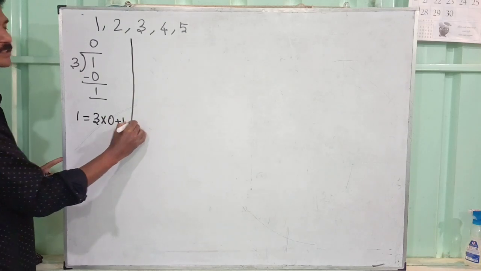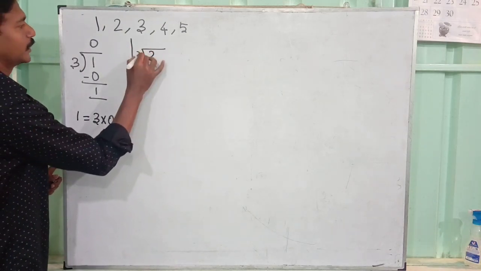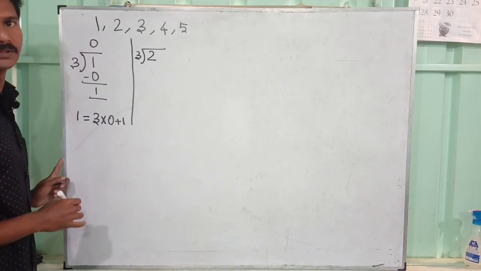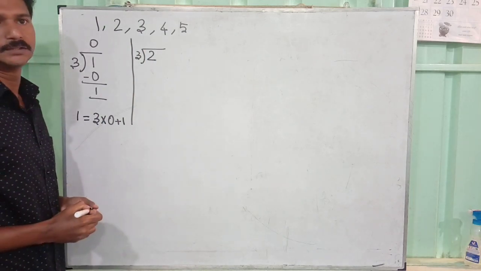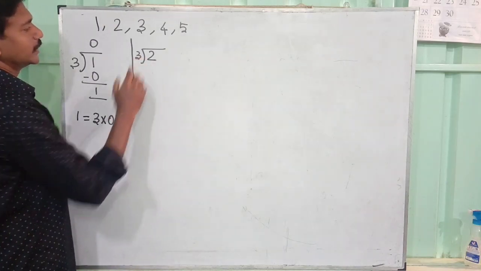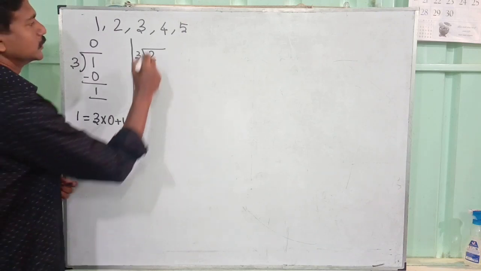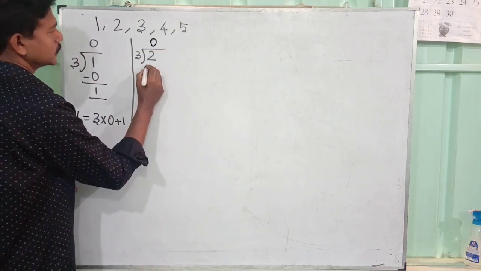Let us take the second number, 2. 2 also cannot be divided by 3, because there is no 3 in 2, right? So it goes 0 times.